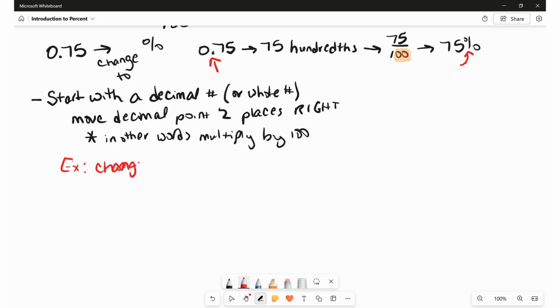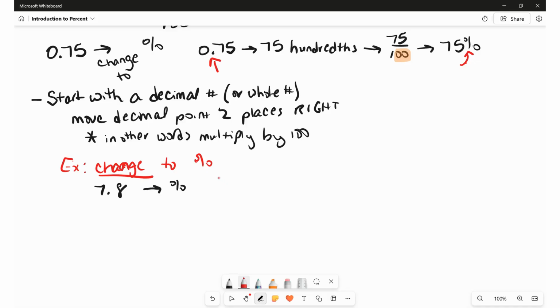We're going to change to percent. Let's say that we have 7.8. We're going to change this to percent.